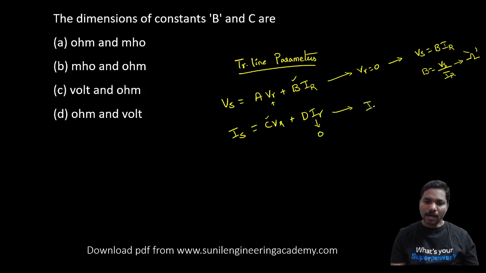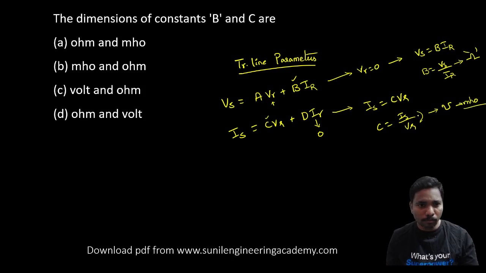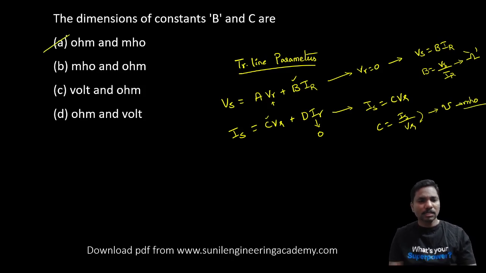Then IS is equal to C VR, so C is equal to IS by VR. So current by voltage, that is nothing but conductance, mho or Siemens. Okay, so ohm and mho. So the answer is option A. All of you clear?